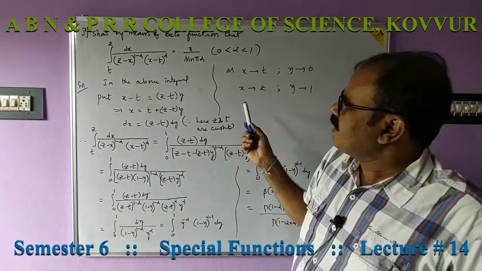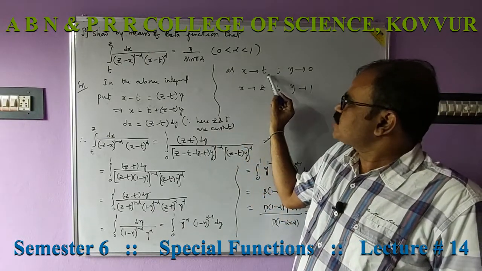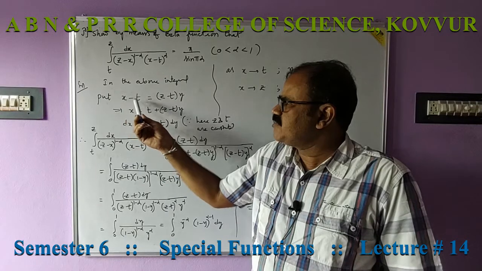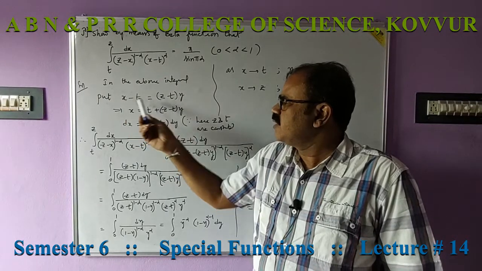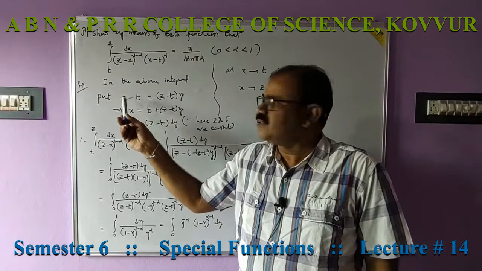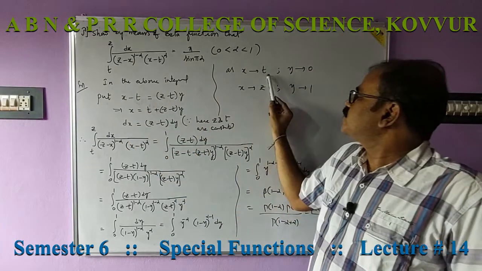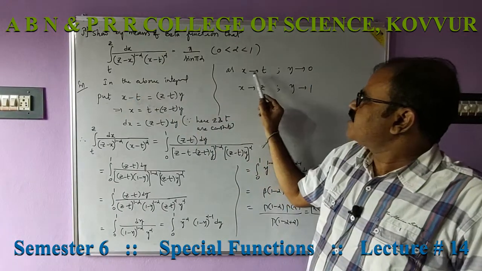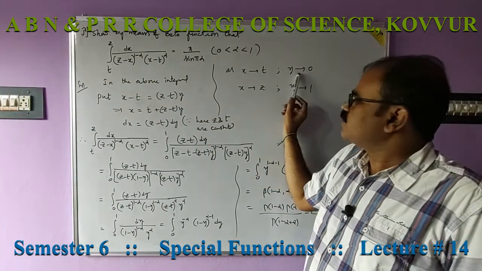Let us see the limits. As x tends to t, that will be t minus t, 0. Therefore, 0 is equal to (z minus t) into y, then y gets 0. So, when x tends to t, the lower limit, y tends to 0.